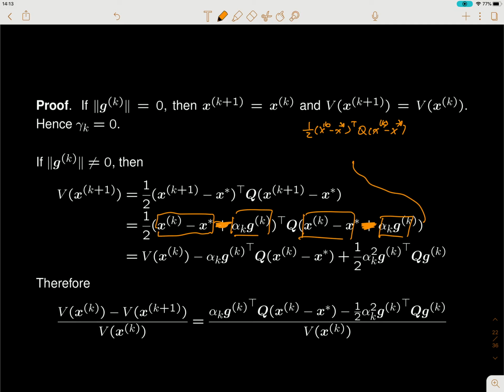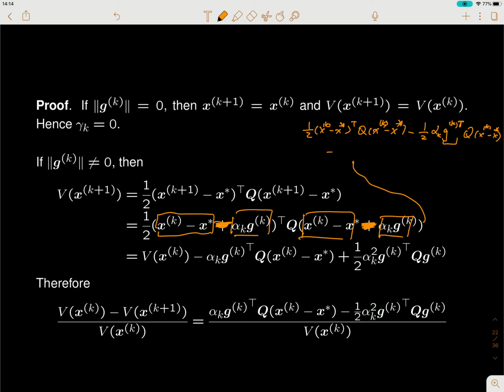Similarly, I get the second term, which is minus 1/2 (alpha_k g_k) transpose Q (x_k minus x*). This transpose is applied to this column vector and gives us a row vector.